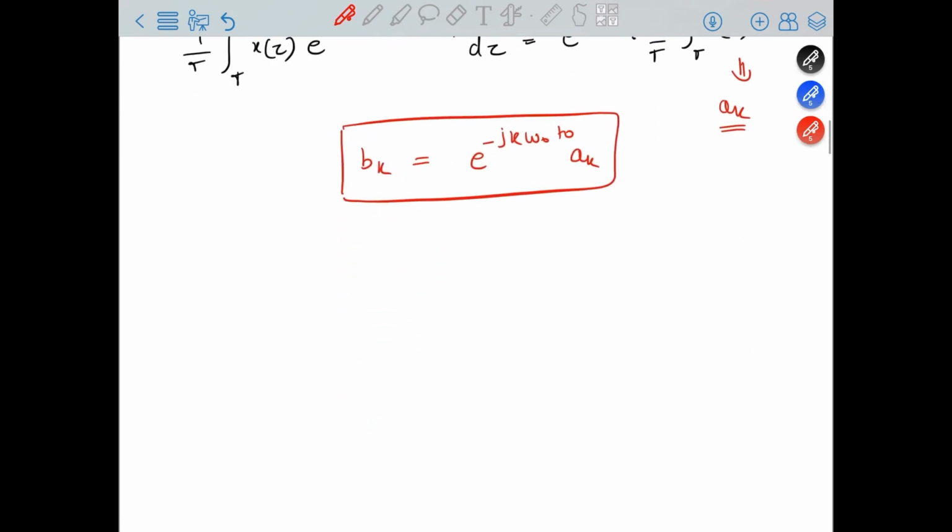So what it summarizes to: suppose x(t) has a Fourier series coefficient of a_k, then x(t - t_0) will have a Fourier series coefficient of e^(-jk omega_0 t_0) a_k. So this is the property of time shifting.